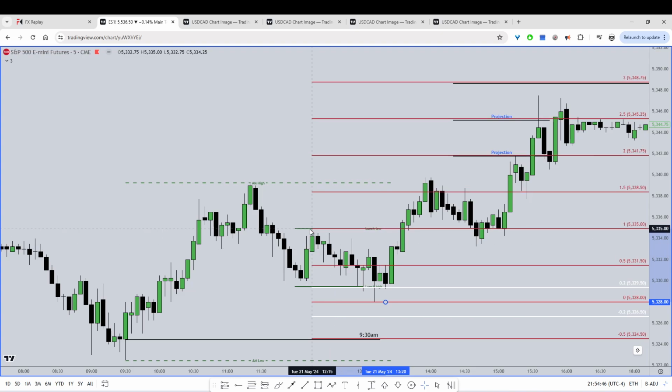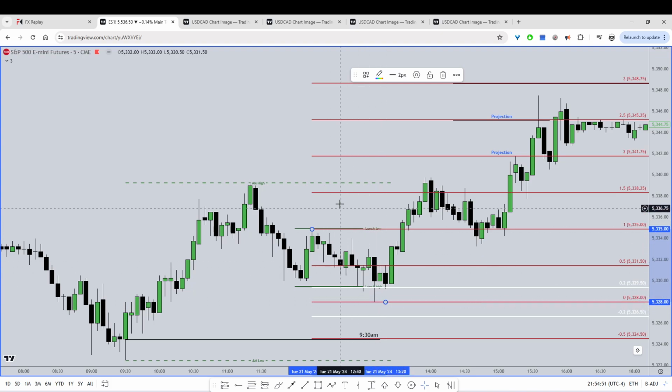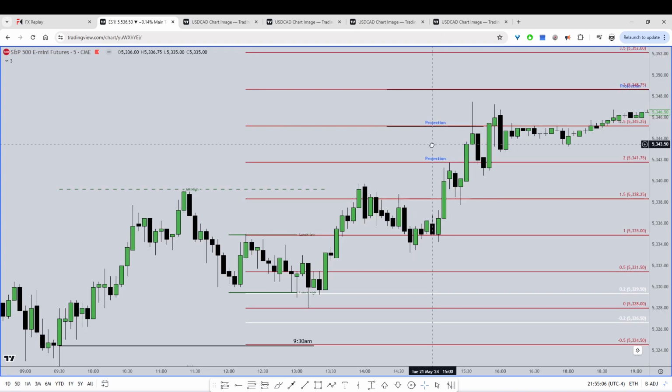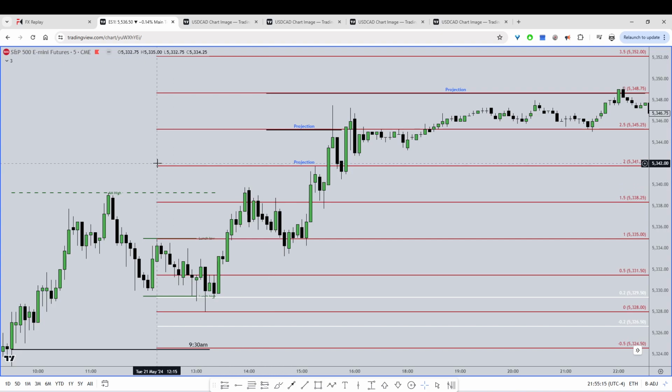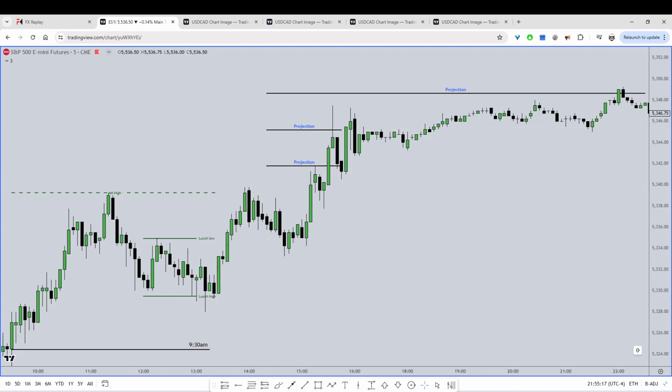And then as we push the projections, we can see above this liquidity our standard deviations, and you can see how price nicely touches it, retests, breaks it, nicely touches the next one, retests the previous, which has a PDRA, and even as we go later into the evening, into the ageless session, we finally get that last projection at the 3. So just some little profile signatures I thought would be helpful. All right.